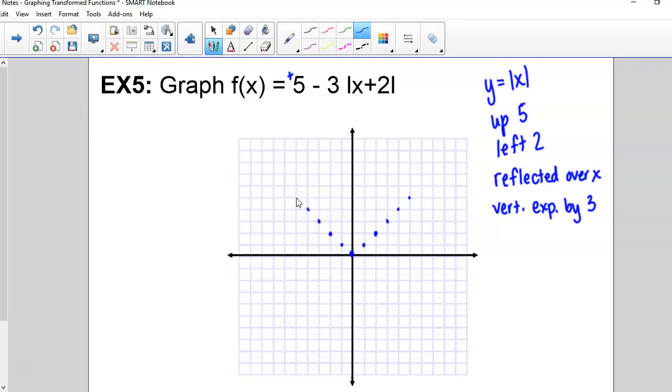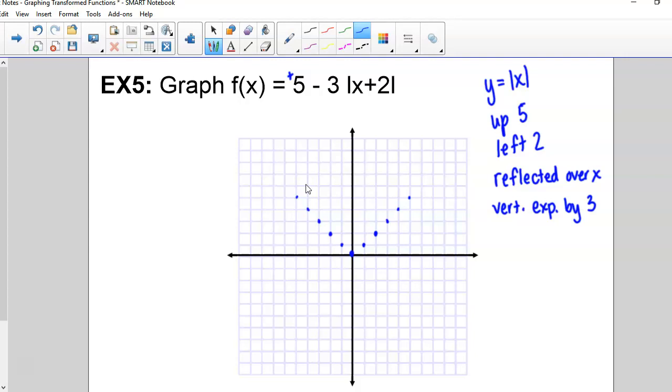And we just get that V shape that has a slope of 1 in the first quadrant and a slope of negative 1 in the second quadrant. So that's the parent graph that we're dealing with. I could reflect it if I wanted. I like to just go ahead and get those expansions and compressions over with first.